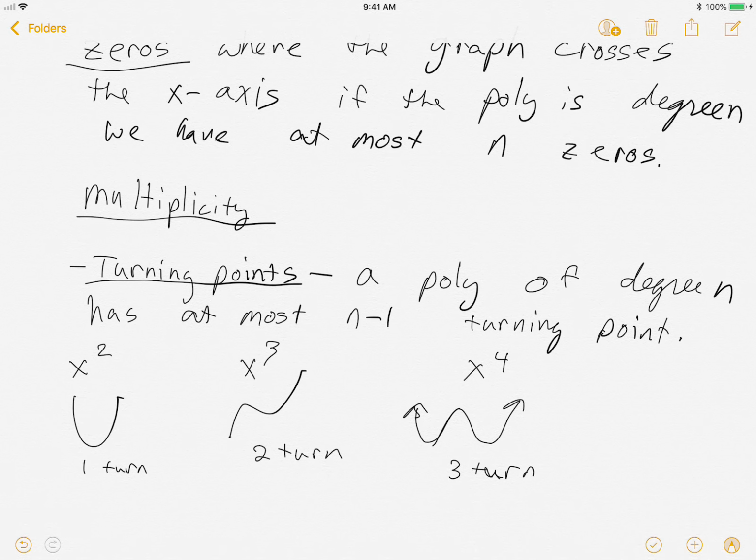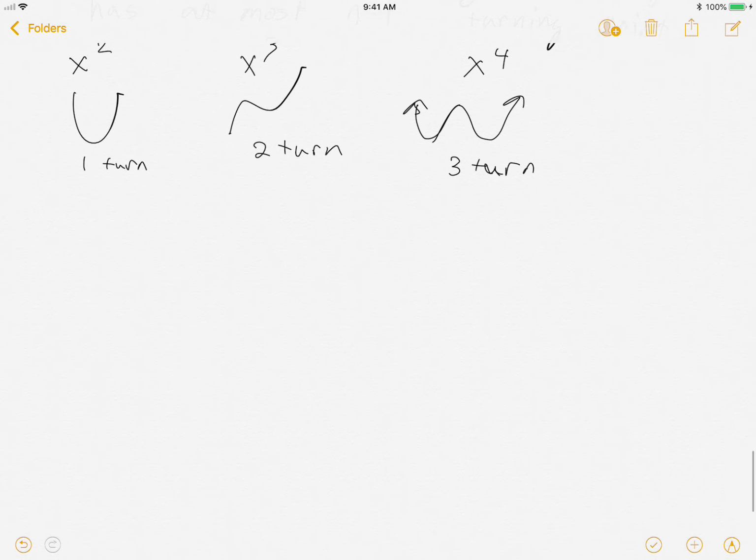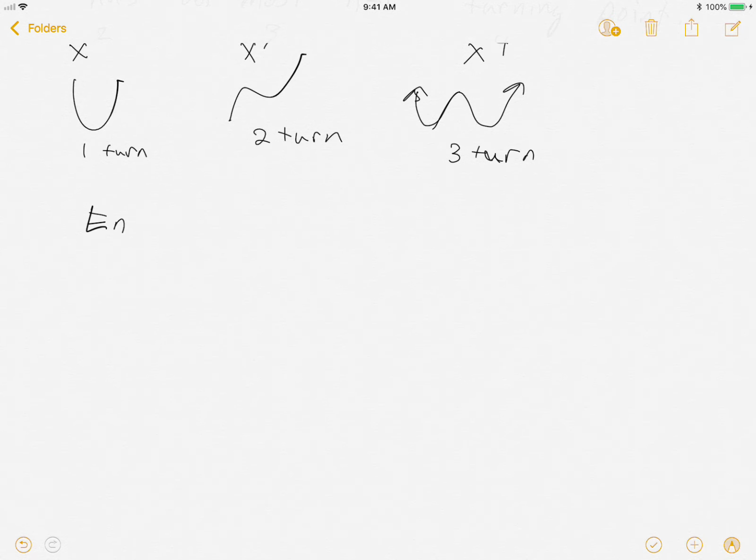Okay? The last thing we need to talk about is end behavior. Basically, what are the ends going to do? Now, there can be a lot of things that happen in between the ends, but the ends are either going to both go up, both go down, or go opposite directions. So there's 4 different possibilities. First off, we have odd degree and even degree.